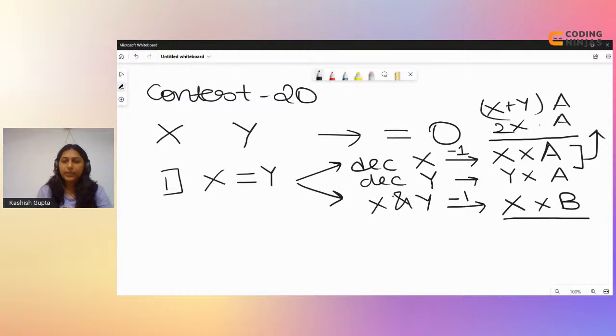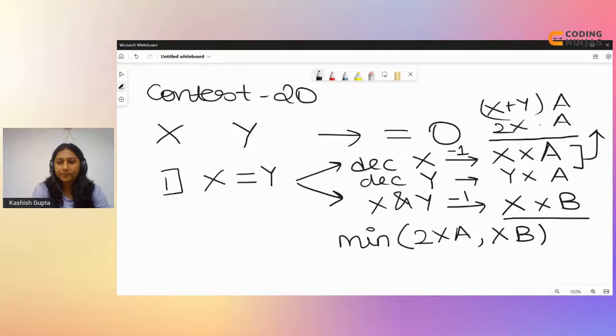But now you have no relation between a and b, so to get the minimum, you need to take the minimum of 2xa or xb. I hope this particular part is clear for when x is equal to y. If there are any doubts, do let me know. Otherwise, I'll keep on proceeding. So this is one observation.